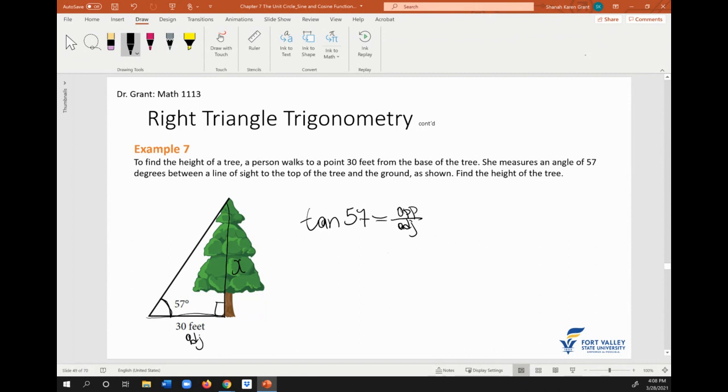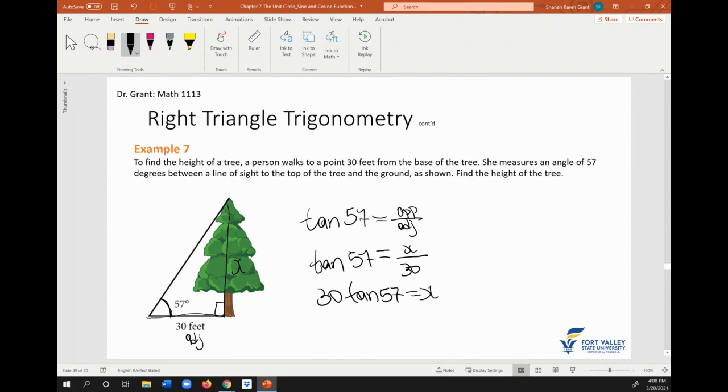In this case, my opposite is the one that's missing, and my adjacent is 30. So here we have that tan of 57 degrees equals x over 30. We can just multiply both sides by 30 to get x.